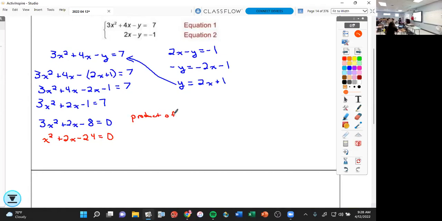Product of -24, combine to 2. What are those 2 numbers? Not -6 and 4. -4 and 6. -4 times 6 is -24. -4 plus 6 is 2.